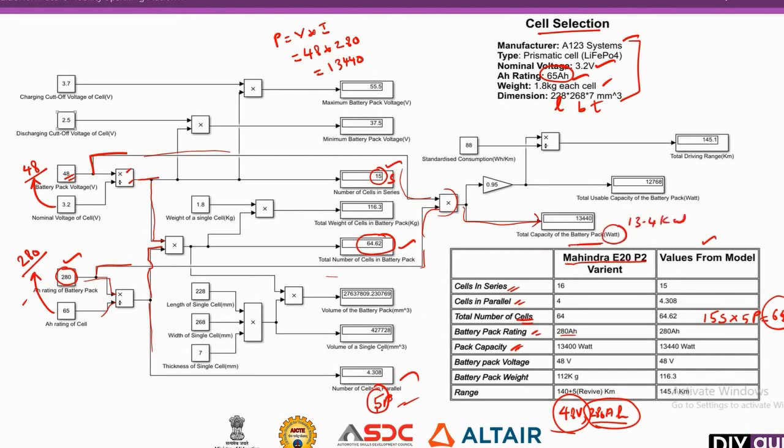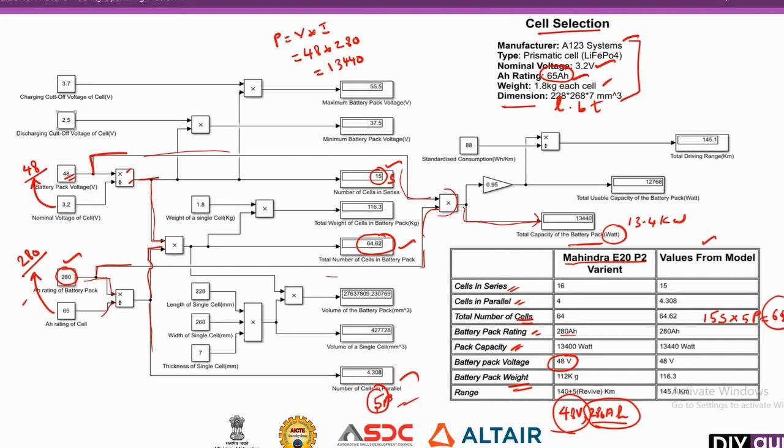Now considering the weight of the battery. As we already know, the battery pack voltage is 48 volt; this is given, that is our requirement. Now we will see the battery pack weight. We know the length, breadth and thickness of a single cell.